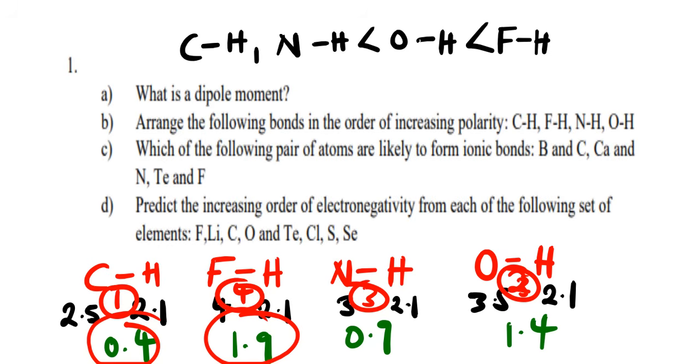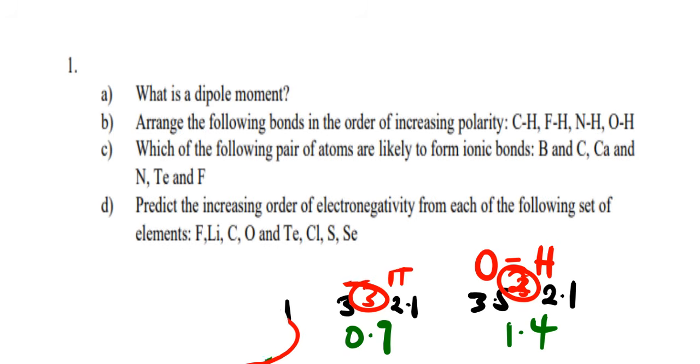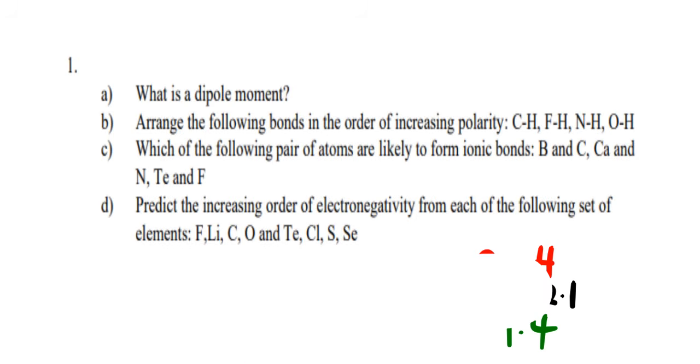Now that we've got this, what is number 3? Which of the following pairs of atoms are likely to form ionic bonds? Boron and carbon, calcium and nitrogen, beryllium and fluorine. Let's start with boron and carbon.